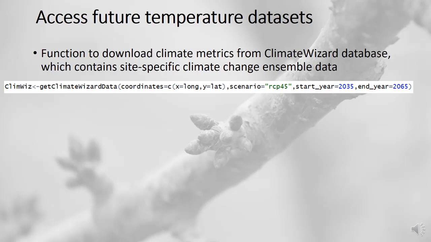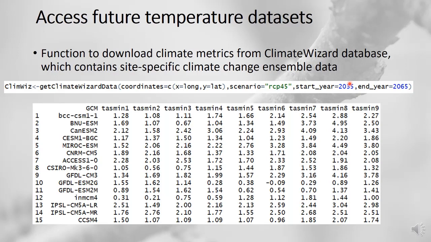And you can access it by entering the coordinates of your location into this one-line command, get climate wizard data, and then you have to set a few options at the back, the RCP scenario, for example, and the time period that you're interested in. And then you get this kind of output.